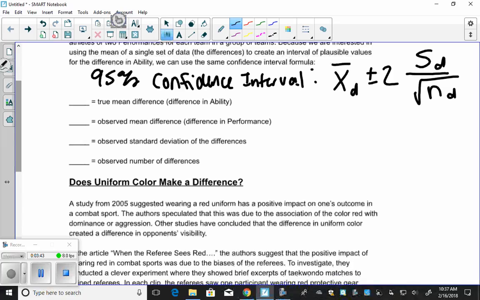Which of the symbols represents the mean? Which one represents the observed mean difference? Oh, I'm sorry, I messed up.